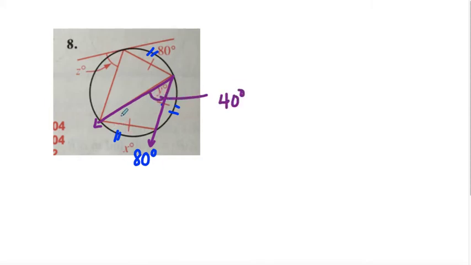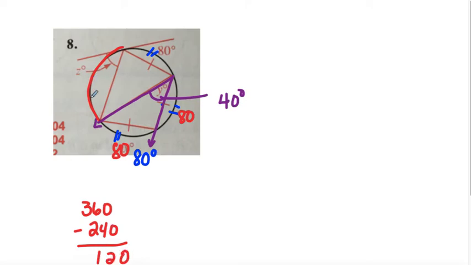Okay? All right, but now I've got to find angle z. I have to do some work. So this is 80 degrees, this is 80 degrees, this is 80 degrees. So that's 240 degrees. This is the rest of the circle. So I do 360 minus 240, which gives me 120.